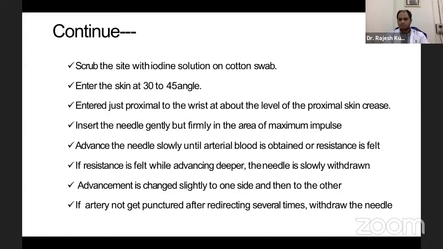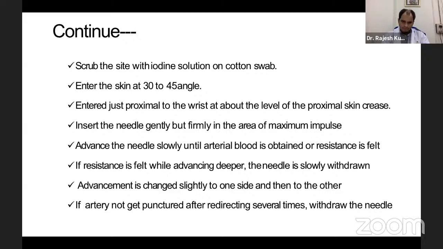Advance slowly until arterial blood is obtained or resistance is felt. You can feel resistance at both levels. First, when you prick the artery, you will feel a resistance like you are puncturing a kite. Okay, and when you advance it, if you feel a sharp resistance, then it means that you have hit a bone.